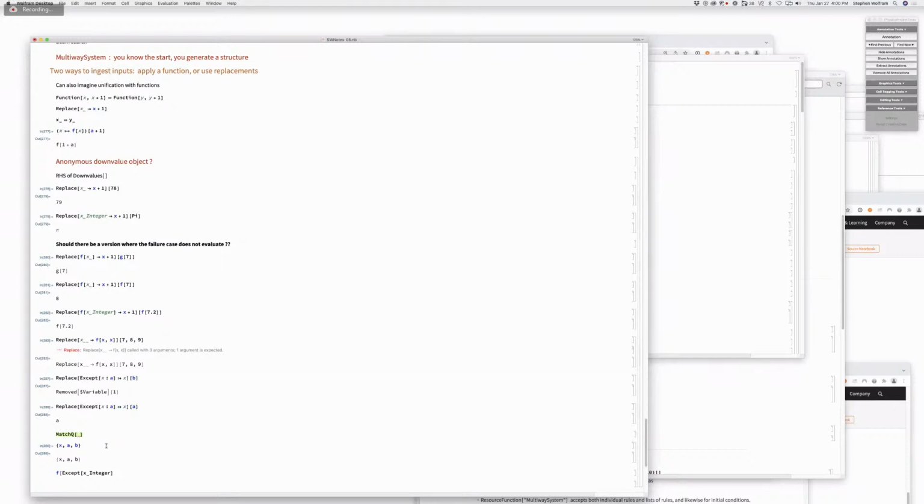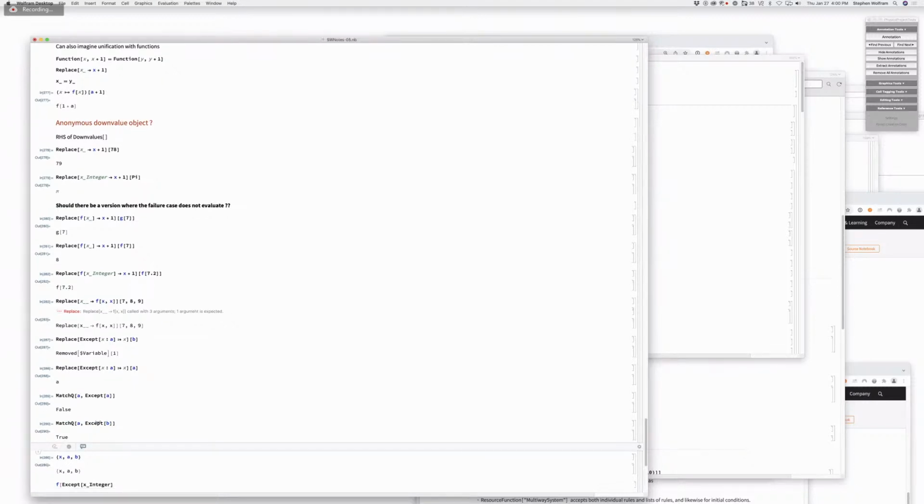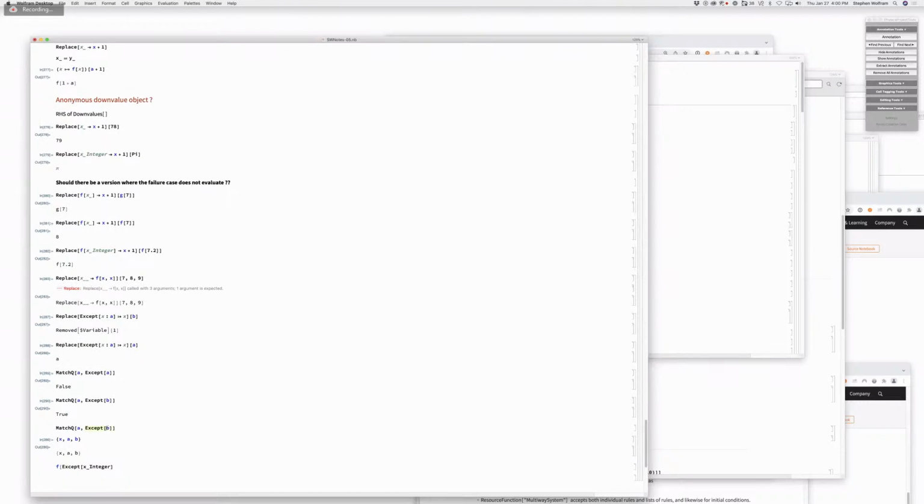So, for example, if we say match Q A except A, it'll say false. If we say here except B, it'll say true, right? Now, the question is, let's say we simply add the annotation X colon in here. You would not expect that to affect the matching.